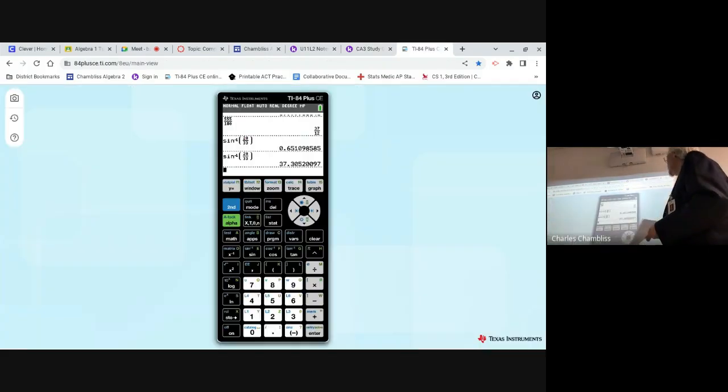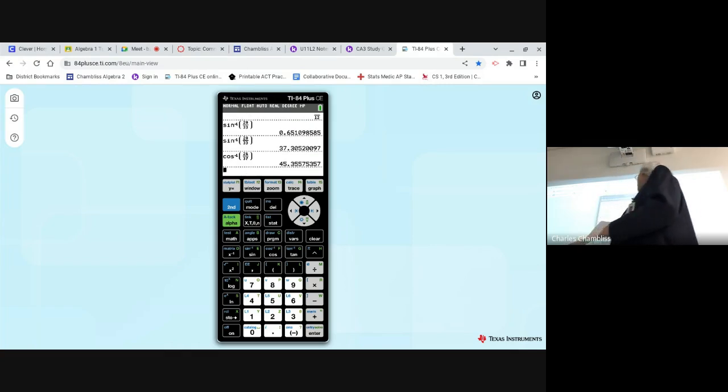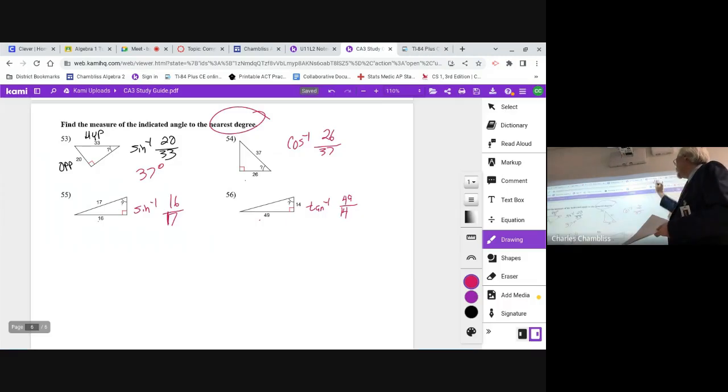And then inverse cosine 26 over 37 gives me 45.